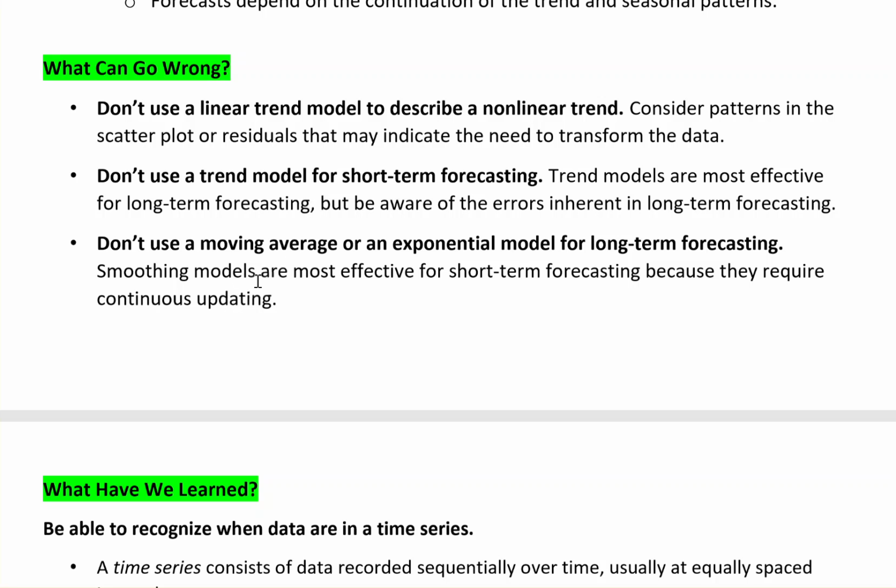And the other way around, you cannot use a moving average or exponential model for long-term forecasting because the smoothing methods can only make the prediction for the next time point. So these are the things you need to be careful about.